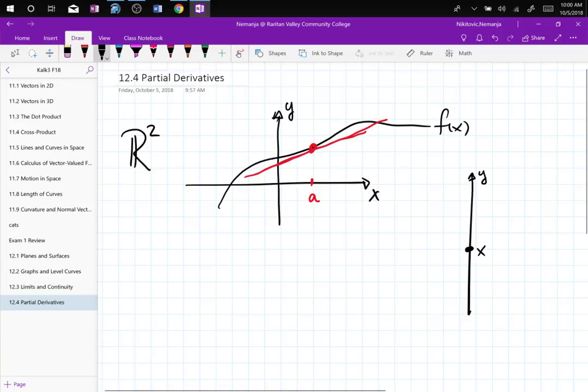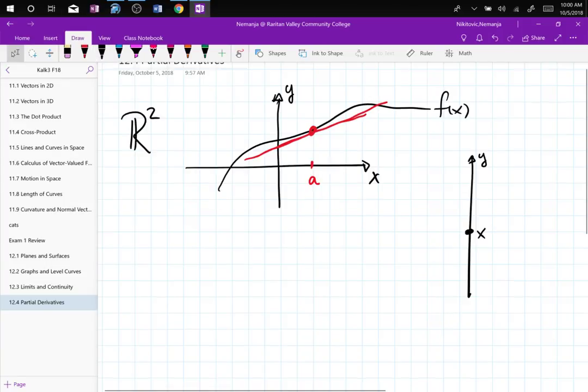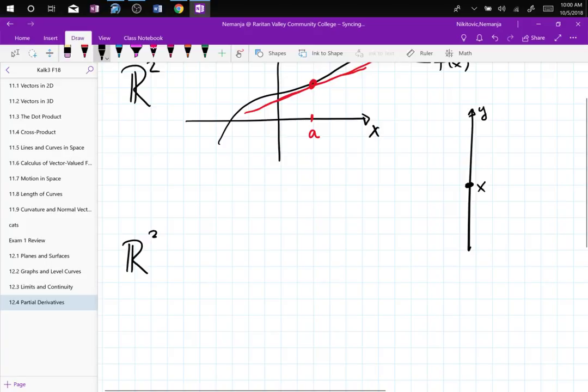Now when we move to Calc 3, so we move to R3, we have the two-dimensional domain.